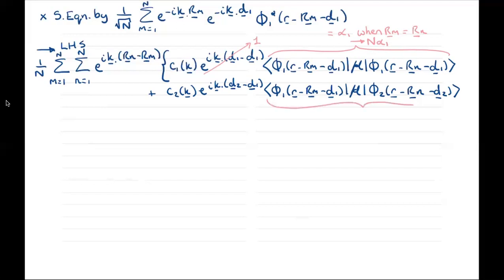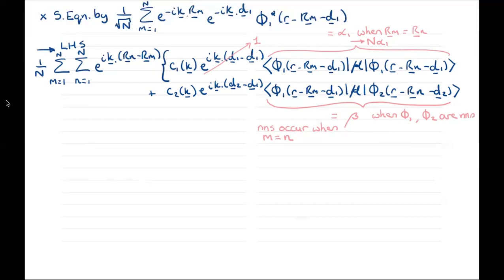The second integral, the one that's between phi1 and phi2, gives us a beta when phi1 and phi2 are nearest neighbors. And this happens twice. So we have nearest neighbors first of all when m is equal to n, then phi1 and phi2 are in the same unit cell and are nearest neighbors.